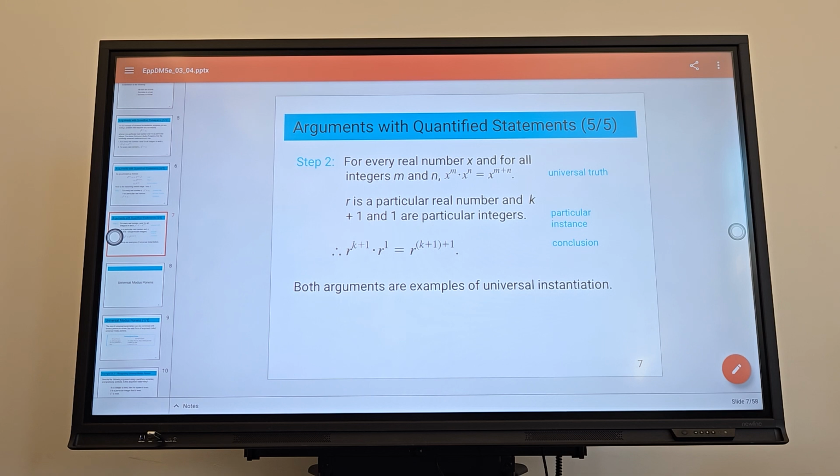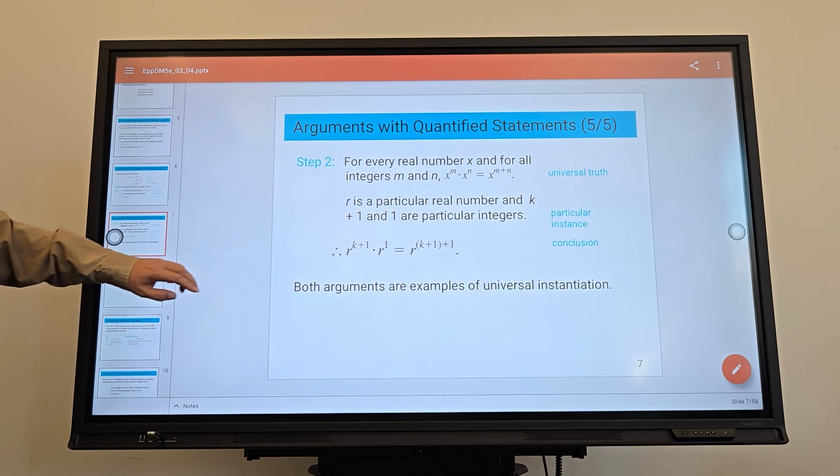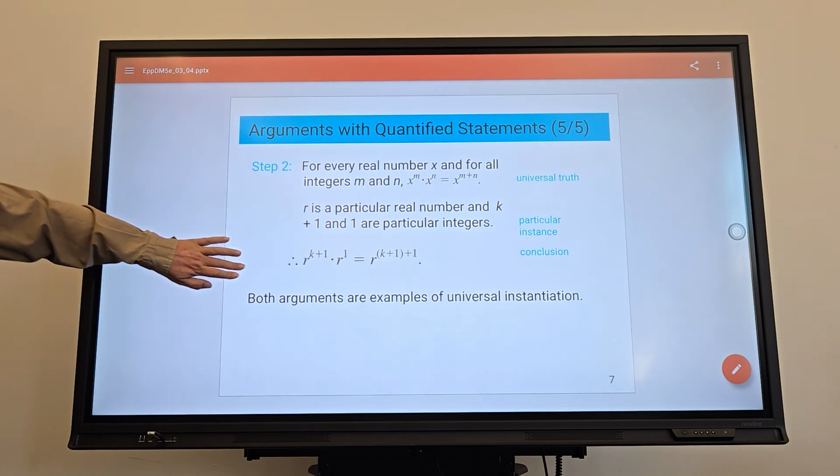And then for every real number x, for all integers m and n, x to the m times x to the n equals x to the m plus n. r is a real number, and k plus 1 and 1 are particular integers, therefore you get that result. These are both examples of universal instantiation.